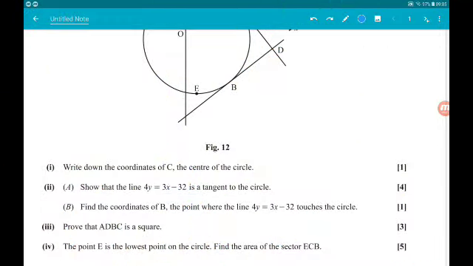Okay, part 2a wants us to show that 4y = 3x - 32 is a tangent to the circle.